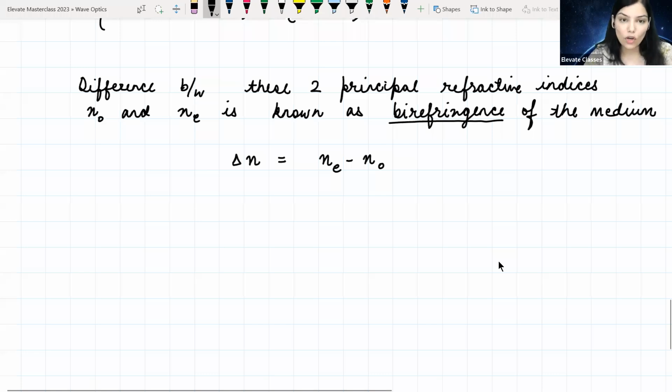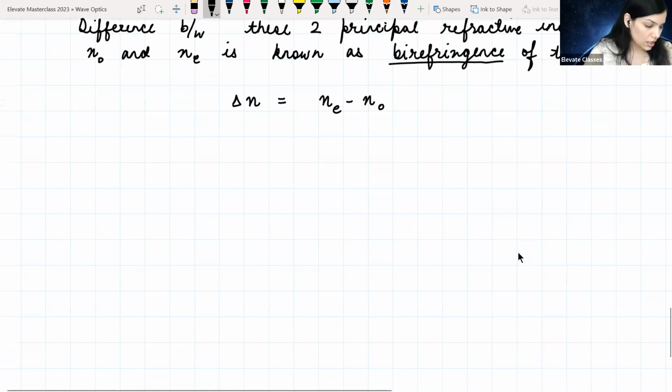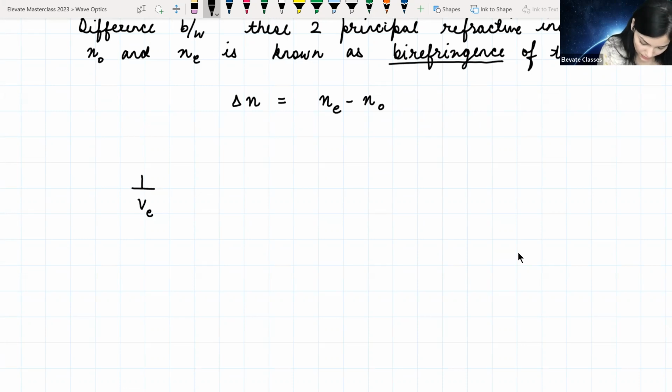When I write the velocity formula, the effective refractive index the beam experiences is going to be dependent on theta. So let me come to that. Just give me one second, okay? So the velocity for the extraordinary ray actually follows this formula.